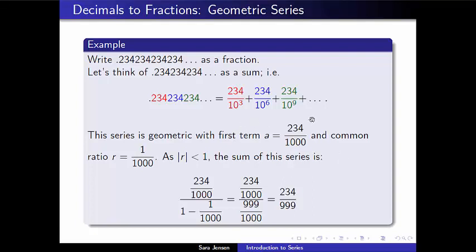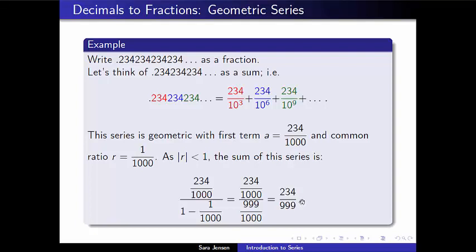This series, which has exactly the same value as this decimal, is a convergent geometric series, and it converges to the first term divided by 1 minus the ratio. And when you do that double fraction arithmetic, you end up with a value of 234 999ths, which is reducible, but this is the first form that we would see it in and is a perfectly acceptable answer.